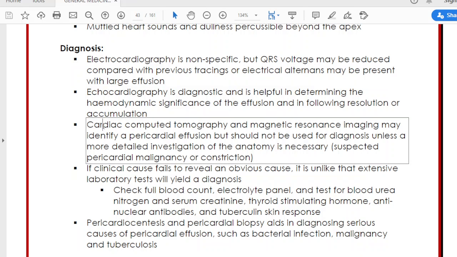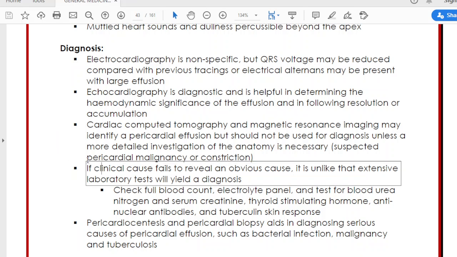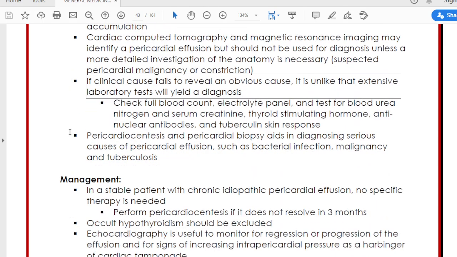Cardiac computed tomography and magnetic resonance imaging may identify a pericardial effusion but should not be used for diagnosis unless a more detailed investigation of the anatomy is necessary, suspected pericardial malignancy or constriction. If clinical evaluation fails to reveal an obvious cause, it is unlikely that extensive laboratory tests will yield a diagnosis.